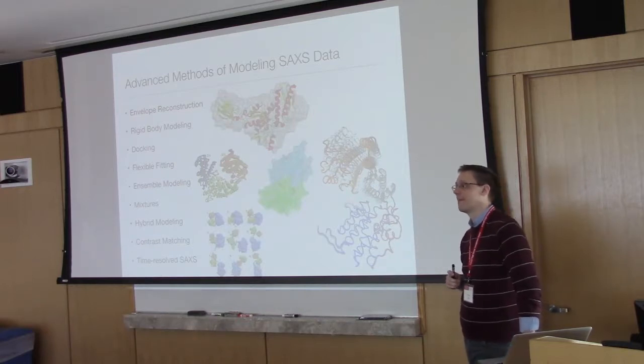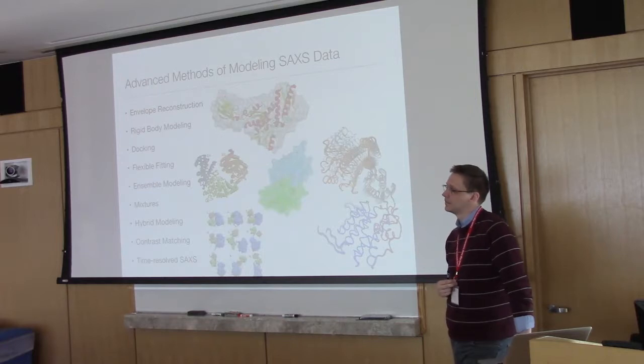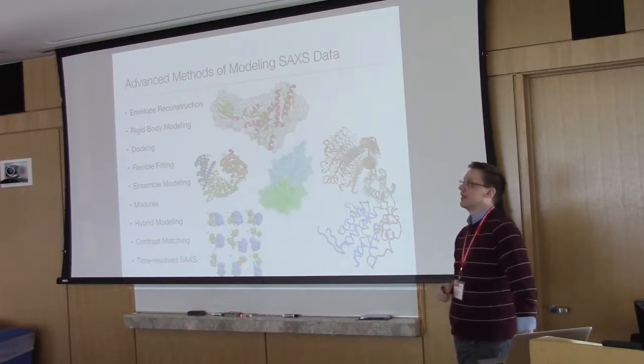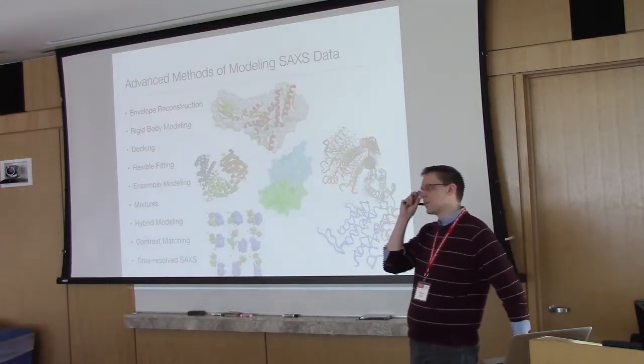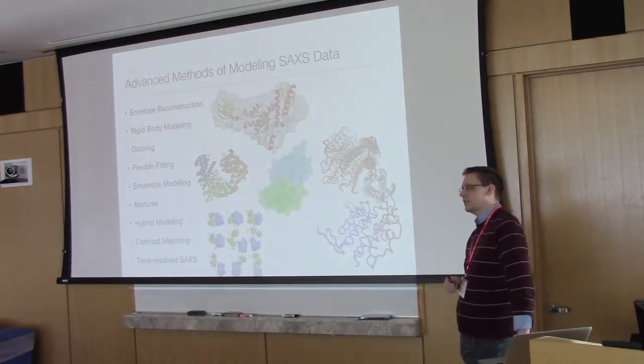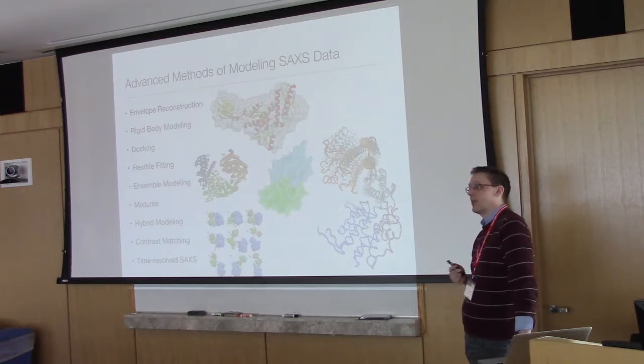I was wondering how useful you thought it was for, or if there are specific techniques for modeling proteins you think are likely to be highly flexible. You mean highly flexible in the intrinsically disordered sense? Or intrinsically disordered, or have large regions of flexibility. Yeah, so ensemble modeling is the go-to for this.